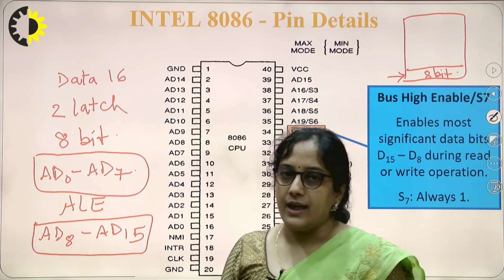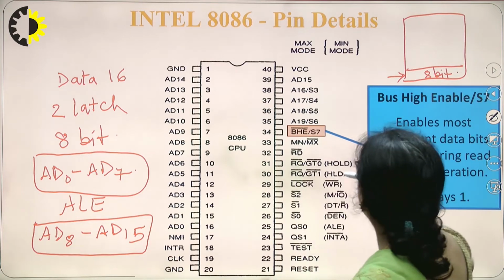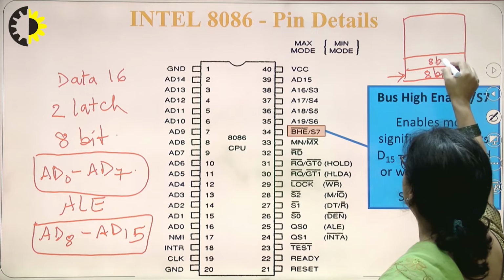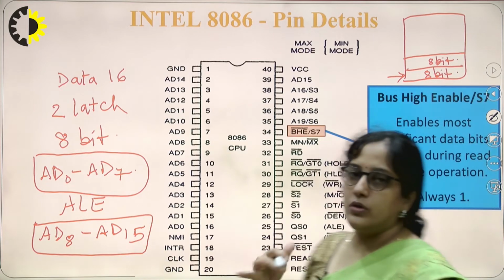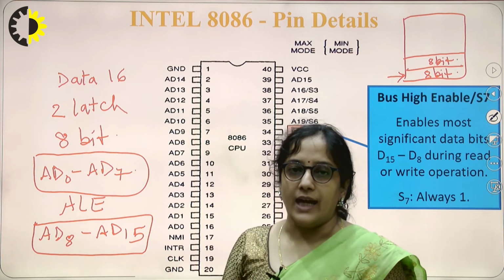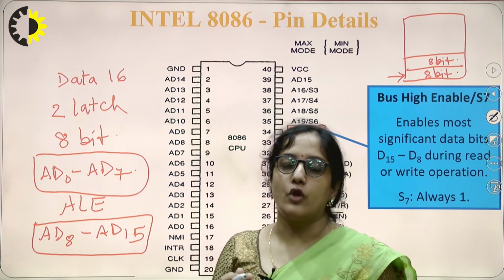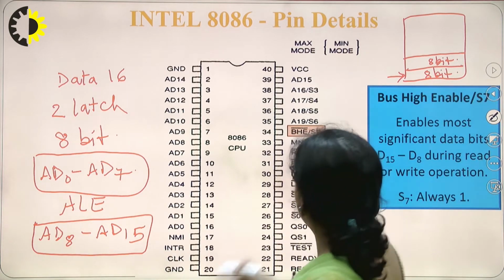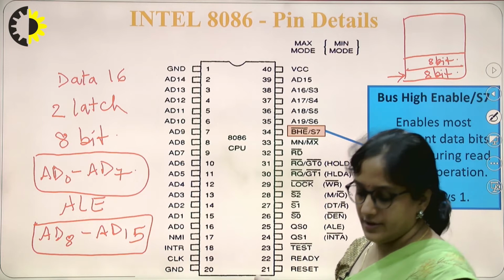So the microprocessor has to read 2 consecutive memory locations, 8 bits each, so that it can have 16-bit data at a time. For that we use the concept of even and odd bank, and in that concept we need the BHE signal to be activated.